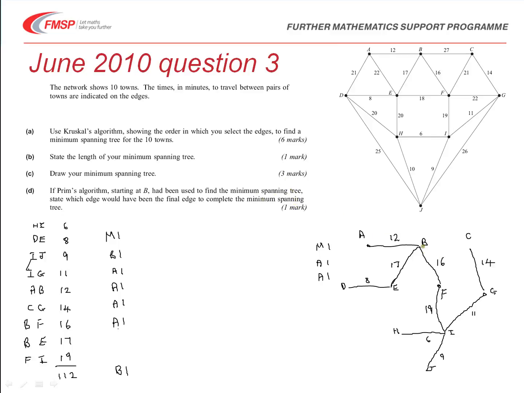We're starting at B, so B goes to A first, then to F, then to E, then E goes to D, then F goes to I, then I goes to H, then I goes to J, I goes to G, and finally G connects to C. So the final edge constructed would be CG or GC, whichever way is appropriate, and that gives you 1 additional mark.